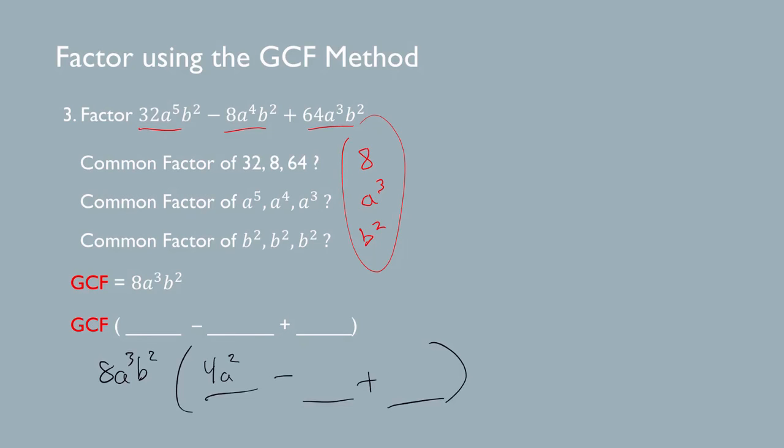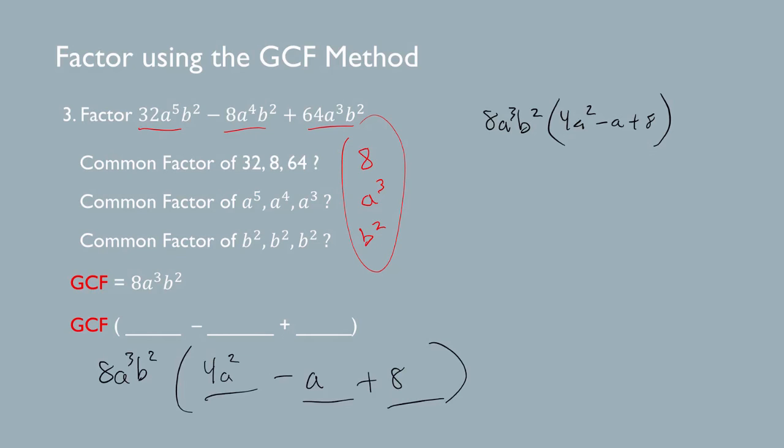The second term, I took 8 out completely, but I have a left behind. B squared got all taken. And then 8 times what makes 64? That would be 8. The a to the third got all taken out, and so did the b squared. My final answer will be 8a to the third b squared times 4a squared minus a plus 8.